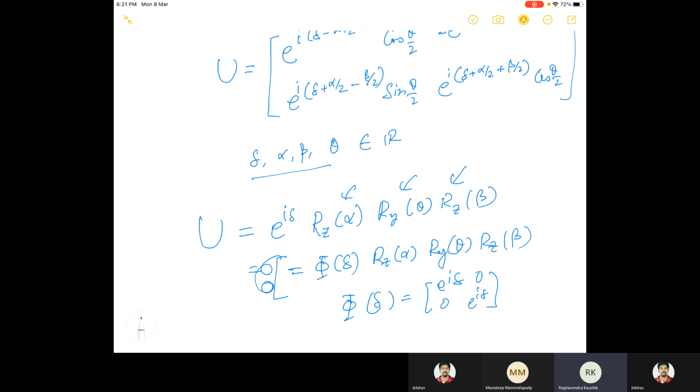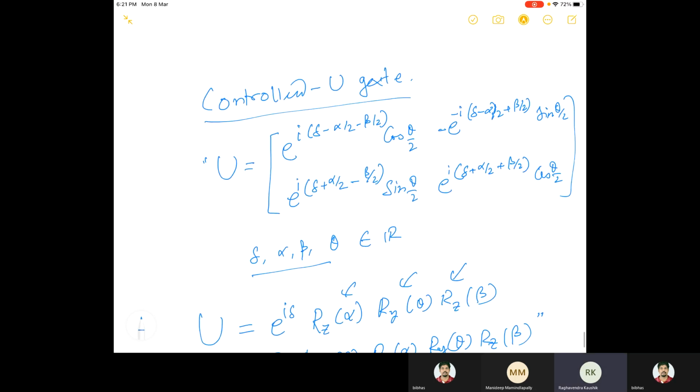But here I need to give you an implementation in terms of gates, so I need this kind of ordering. There I did not tell you what was my a, b, c, d; for some a, b, c, d there will be something. But here I fix my representation of U. You can change, let's say, the first column into the second column and the second into the first, and that will also be a unitary matrix. But the first column can be obtained for some special values of alpha, beta, theta, delta, so this is one parametric form. But you can change it, for example, swap this to this and this to that.